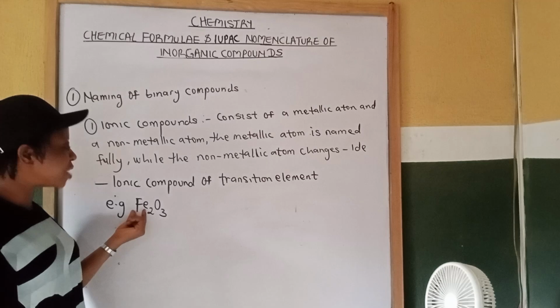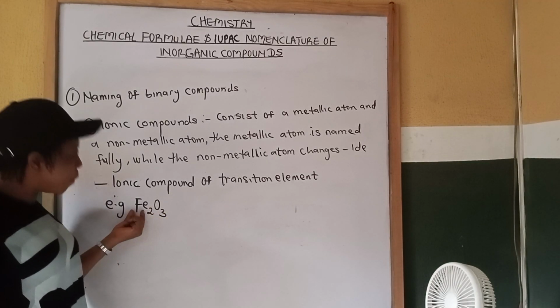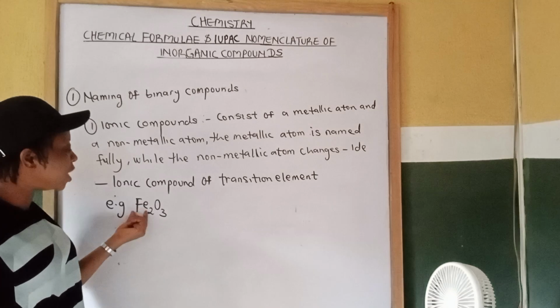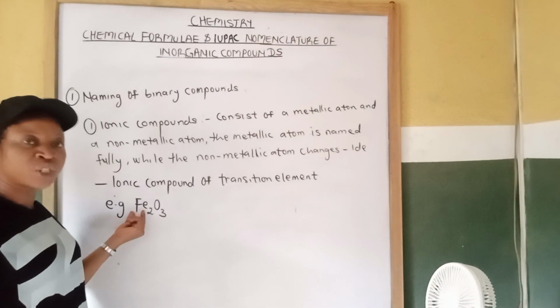So you name these transition elements fully, followed by the oxidation number of these transition elements. So you have to calculate the oxidation number of the transition element.